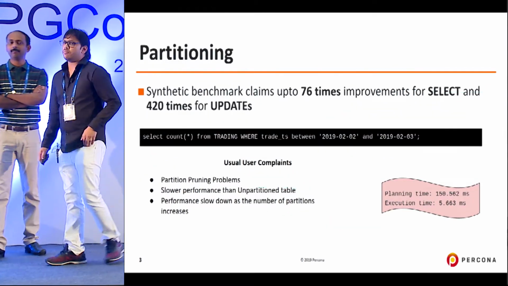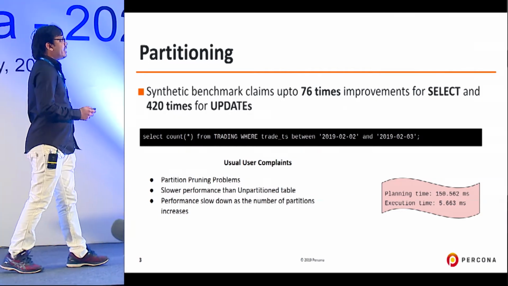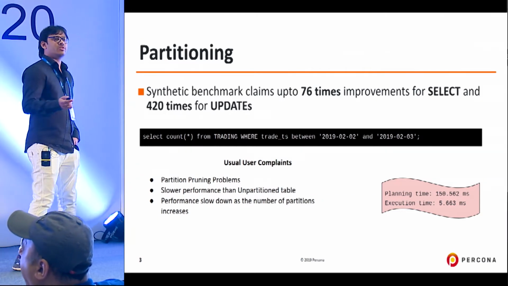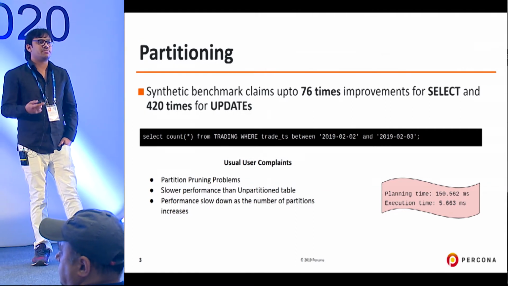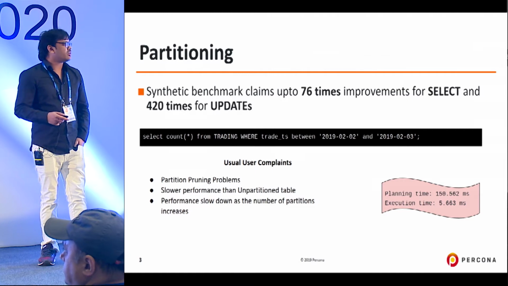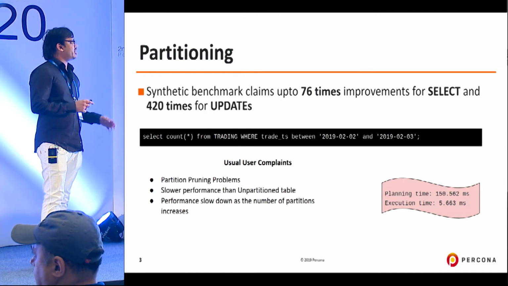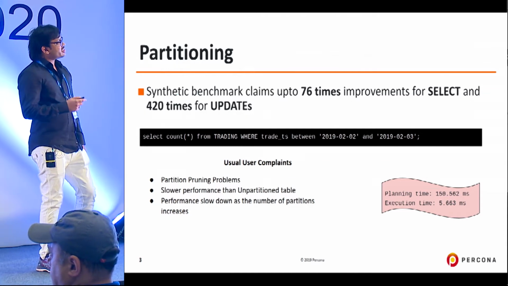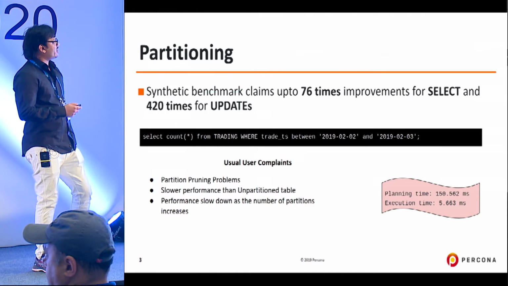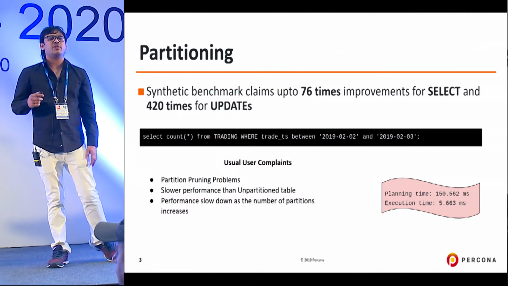If you follow the Postgres mailing list and look at the discussions around the improvements or features being developed, you could observe that there have been several discussions on some synthetic benchmarks, with claims of 76 times improvement for select and 420 times improvement for updates, especially for the planning time.